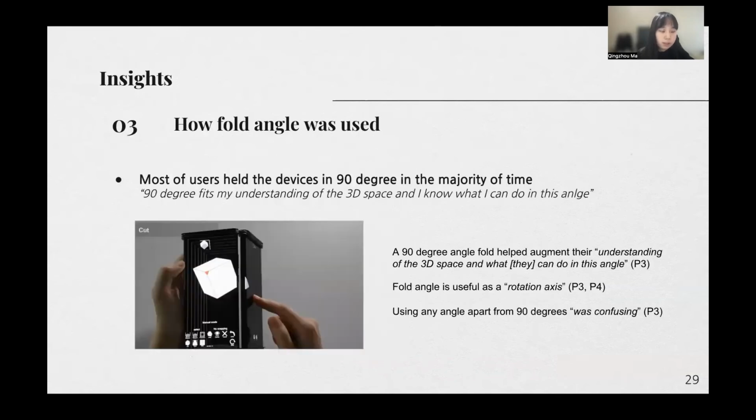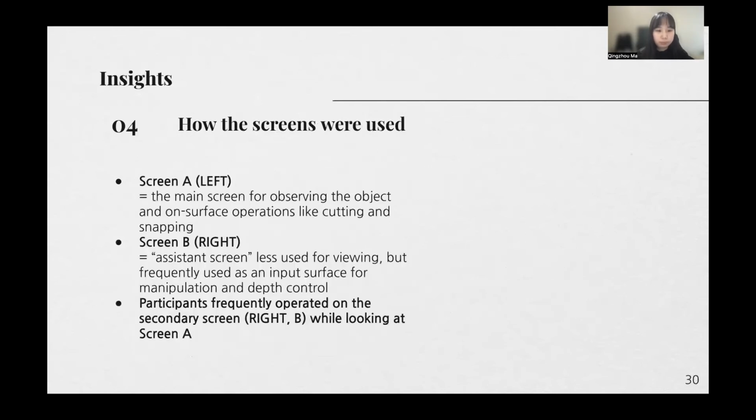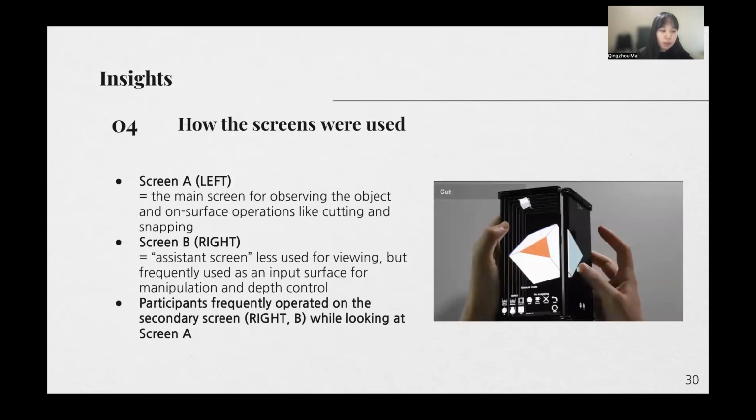We also discovered that 90-degree is the most frequently used angle, which is maintained by the participants for the majority of time because they can better understand the 3D space and operations they can do in this angle. Lastly, although we tried to mirror most operations on both screens, they were used differently by the participants in the study.